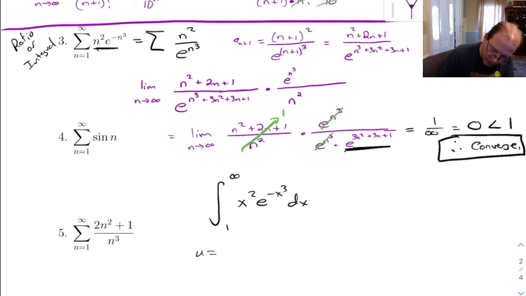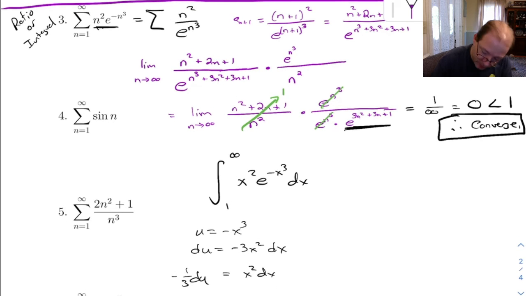So let u equal minus x cubed, du is minus 3x squared dx. So x squared dx is going to be minus 1/3 du. So I can rewrite this. This becomes e to the u, and this and this together become minus 1/3 du.